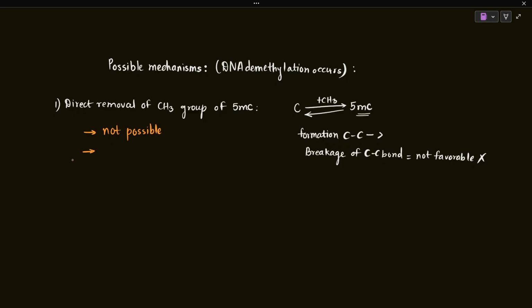We don't know yet whether this happens or not, but this event is thermodynamically least favorable, and that's why we say that this is not possible. So the other mechanism for DNA demethylation is the base excision repair pathway.